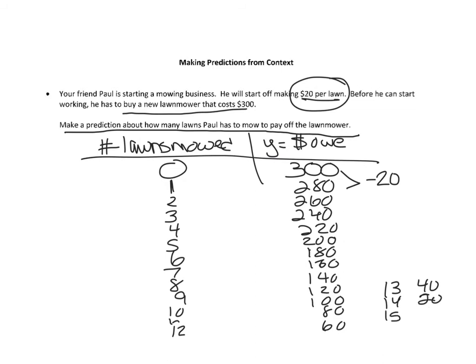And 15 is 0. So after 15 lawn mowings, the mower will be paid off.